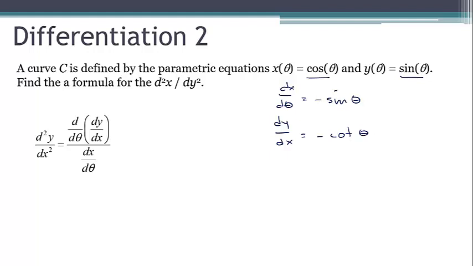Now, the derivative of negative cotangent theta is minus cosecant squared theta, and dx/dθ is still minus sine theta. Now, since 1 over sine theta is cosecant theta, this simplifies to just minus cosecant cubed theta.